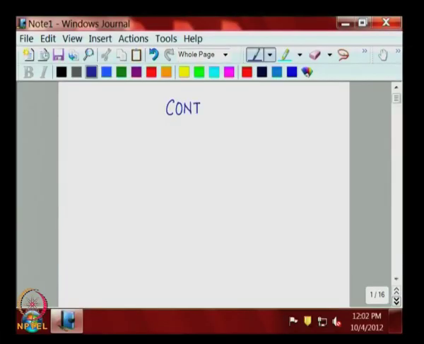Okay. So, the objective of today's class is to actually have a controller which is designed to meet some performance specifications. Now, this we shall do by two methods.